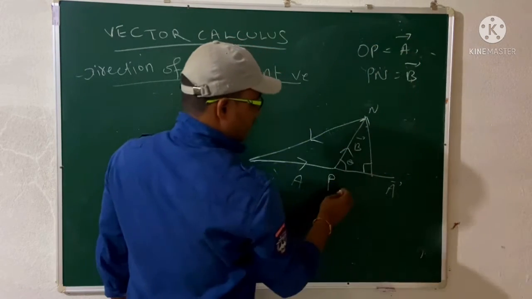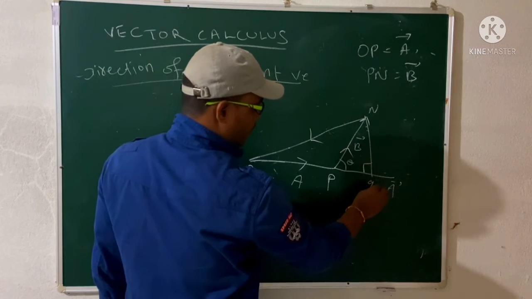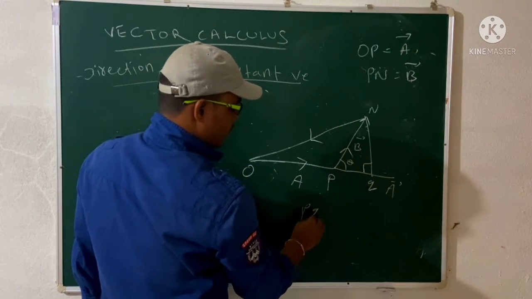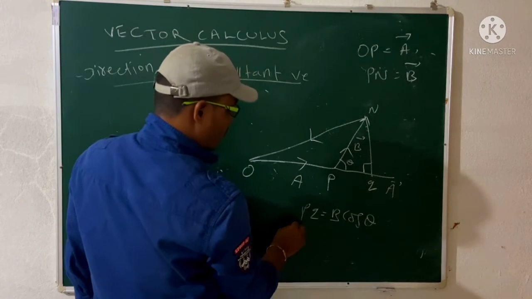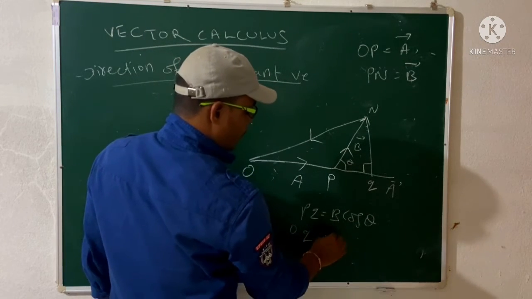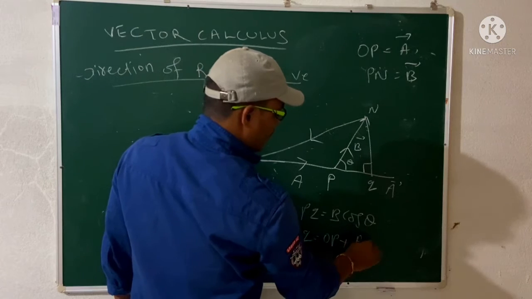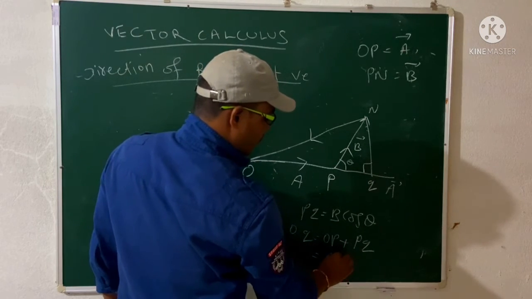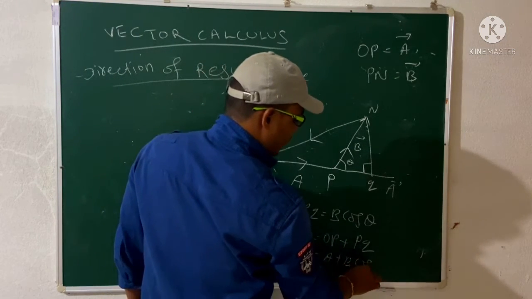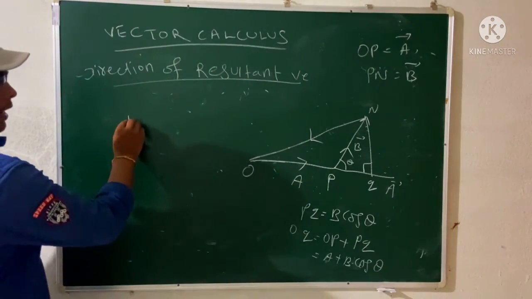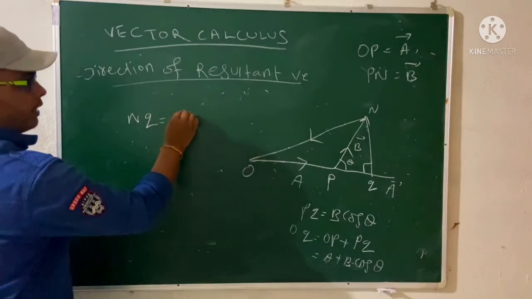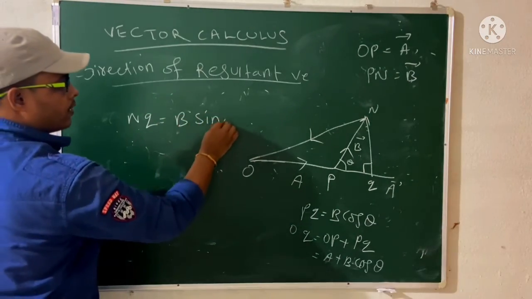Then PQ is B cos theta, and OQ will be OP plus PQ, that is A plus B cos theta. Then NQ is B sin theta.